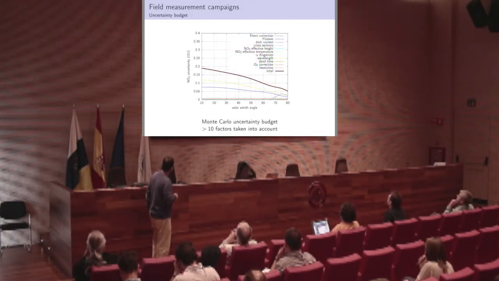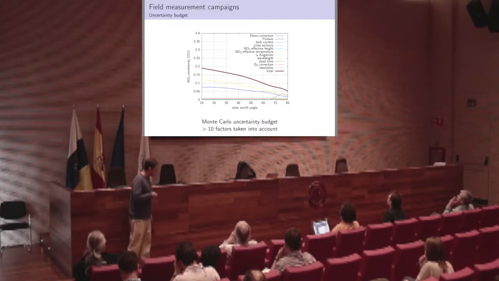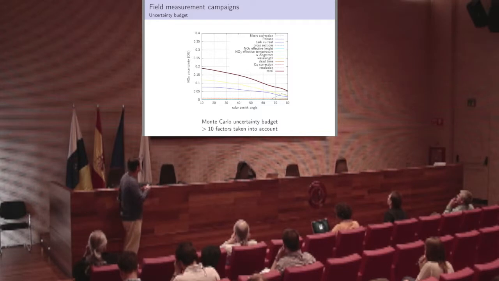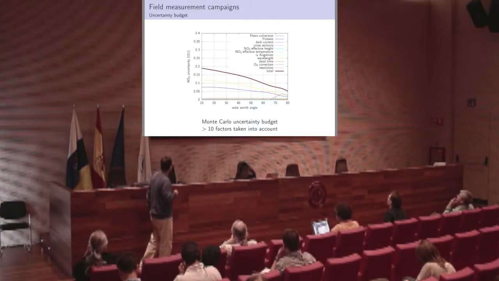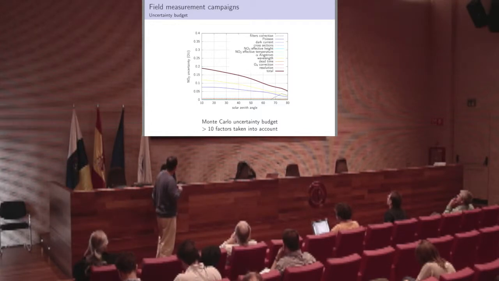Okay, skip this one. This is the graph resulting from the Monte Carlo uncertainty budget. I took into account all these factors in both the calibration and measurement phase. And you see that the most prominent factors are the Poisson noise that can be reduced, as I said before, and the wavelength uncertainty.